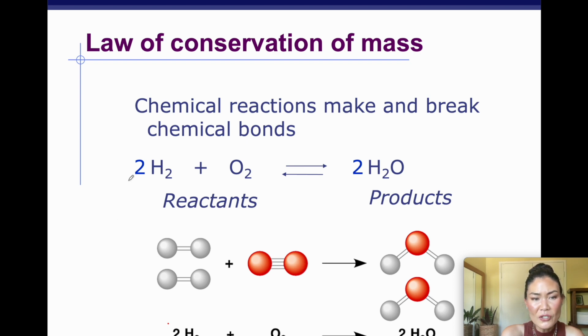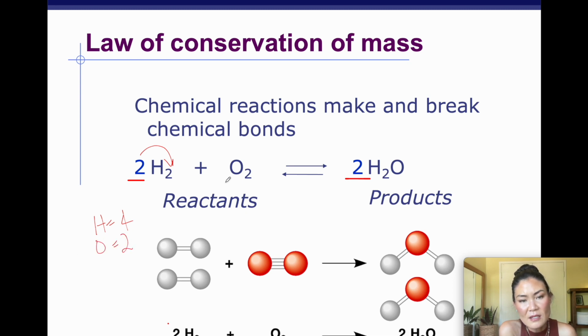Coefficients are large numbers that are in front of molecules. When we add coefficient 2 here, that does balance the equation because now 2 times 2, I get 4 hydrogens. And that 2 is not in front of the oxygen, so the oxygen stays as 2, whereas 2 times 2, I have 4 hydrogens, and then 2 times 1, I have 2.